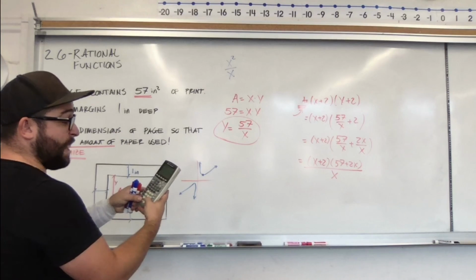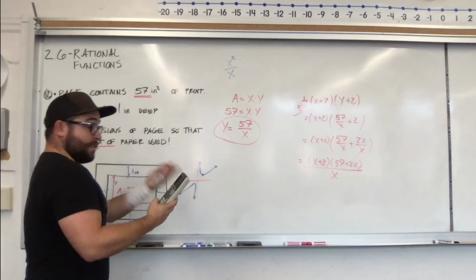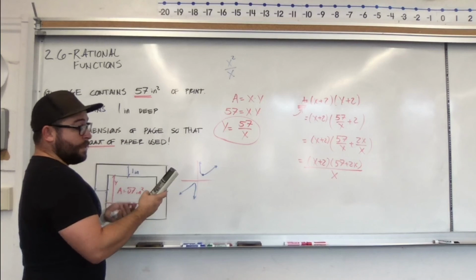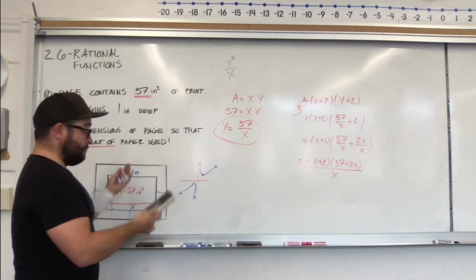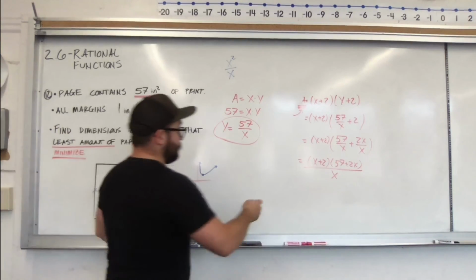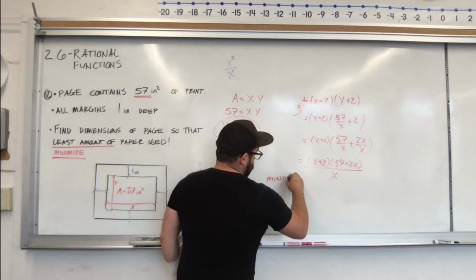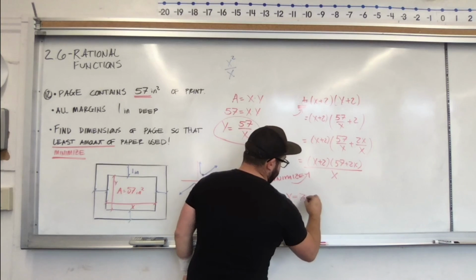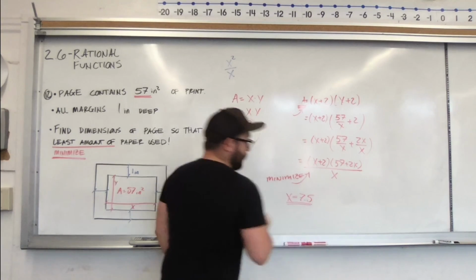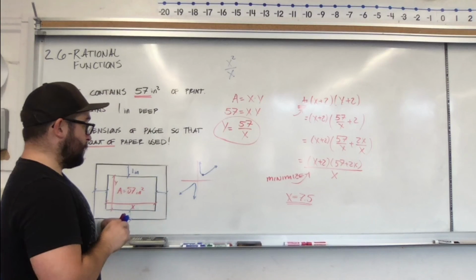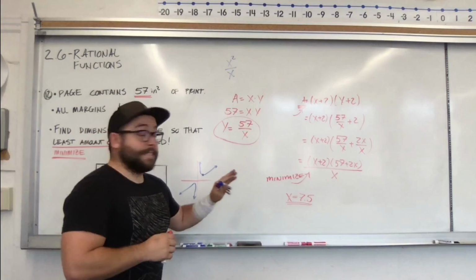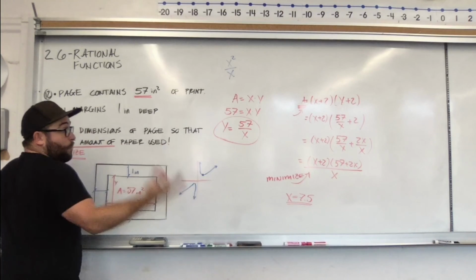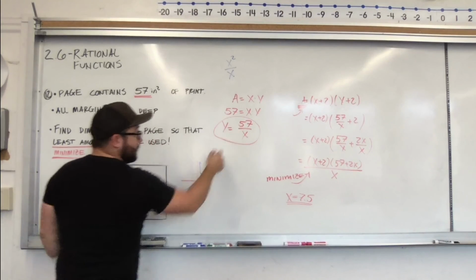I'm going to do a left bound. I'm going to guess 0, just because it's anything to the left. To the right, I'm going to guess 10, and then I'll guess 5 in the middle. When I minimize this, I'm getting that x is roughly 7.5. So if x is 7.5, then to find y, I can plug it in.